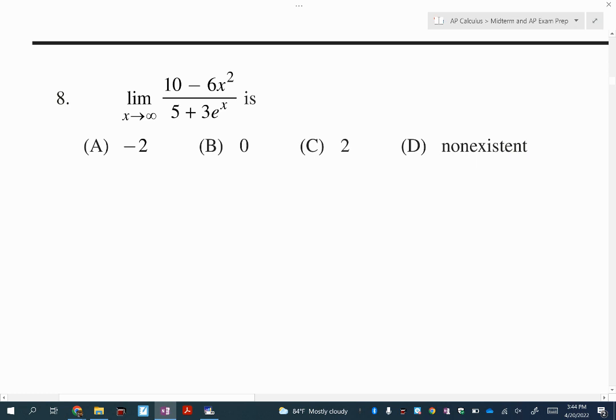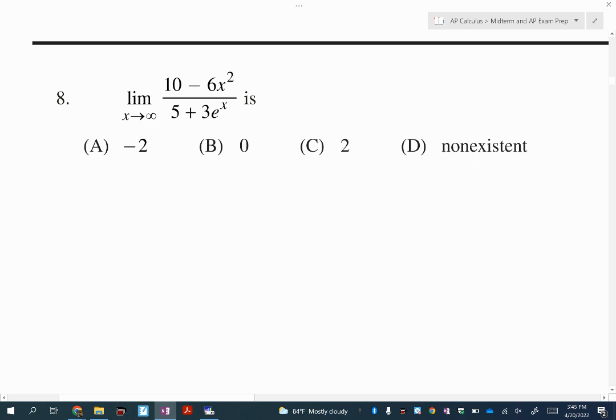Now, what's the first thing? What's something that we've tried when evaluating limits? Does anyone remember any strategies to try to evaluate a limit? That's what I always do, is plug it in. It says infinity, so what do you want to plug in? I plug in a very large number. Yeah, that's getting there.